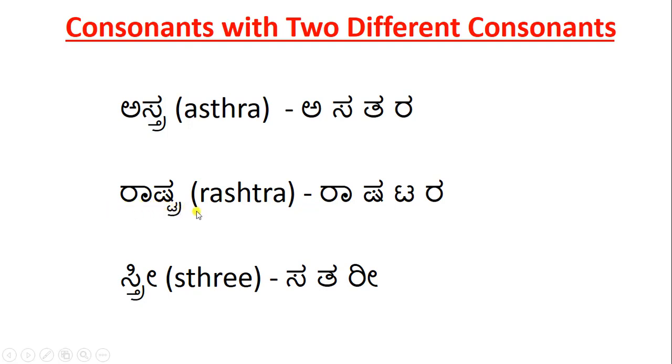Rashtra means nation in English, and generally splitting it up, it would be Ra plus Sh plus T plus R. And this would be pronounced as its root consonant, and this would be pronounced in whole. The last one which comes is pronounced as whole. The remaining would be pronounced as the root consonant.